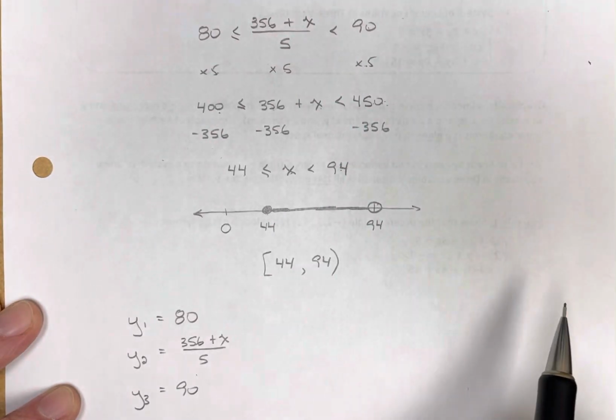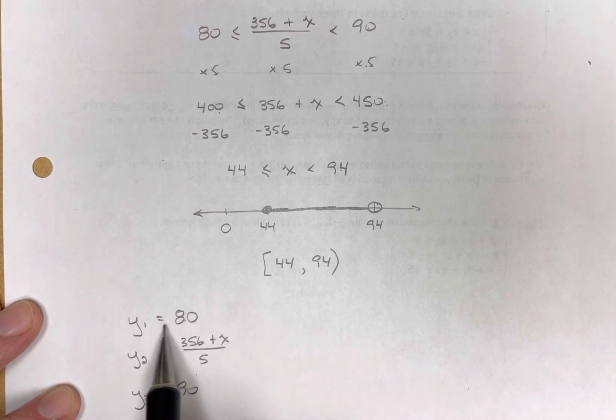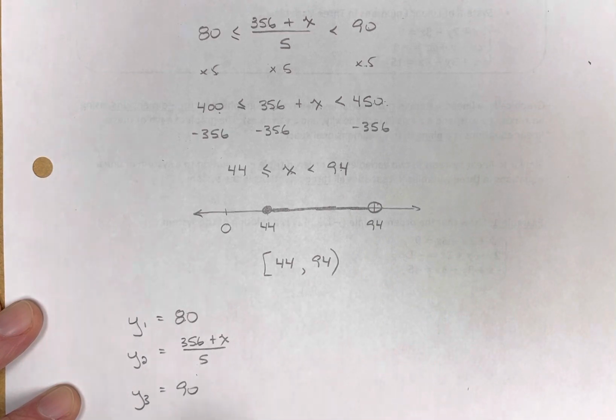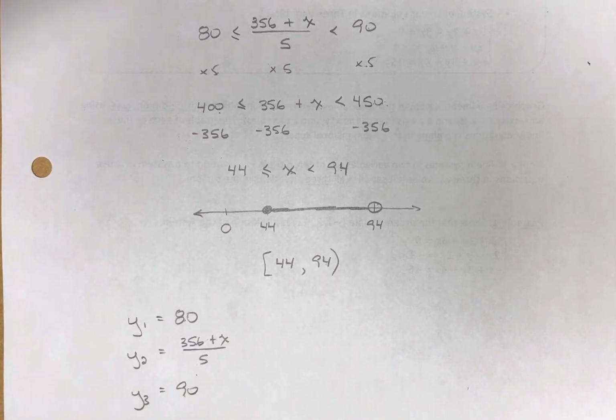And what I'm looking for is when is this one between this one and this one. Now this is a horizontal line, y equals 80. This is a horizontal line, y equals 90, it's above y equals 80. And this is going to be a diagonal line cutting across. And we want to know when this is between that. And we know that 44 and 94 should be our answers.